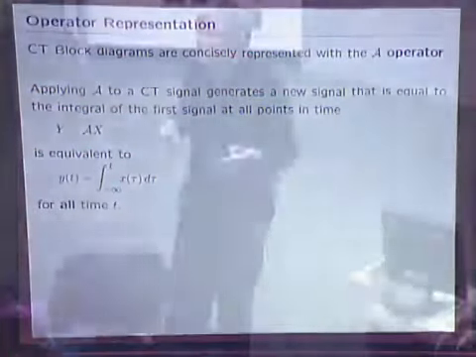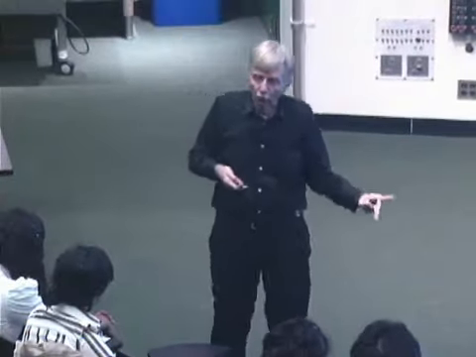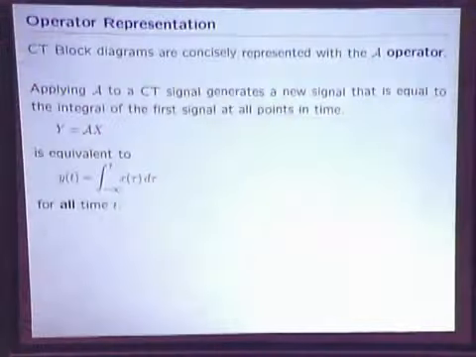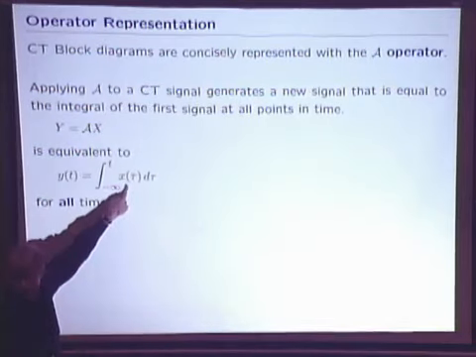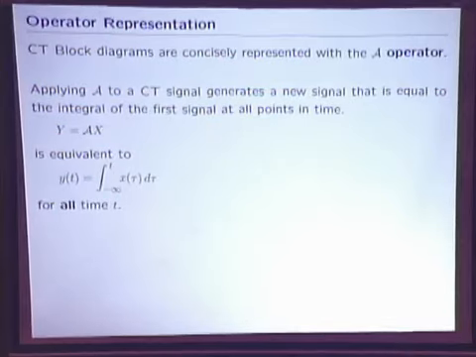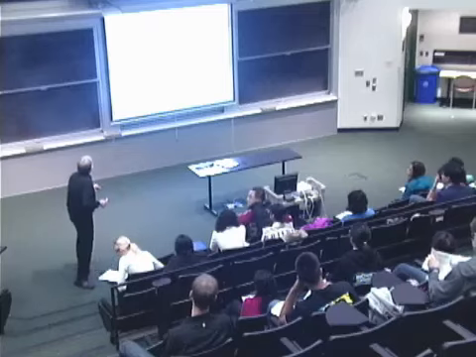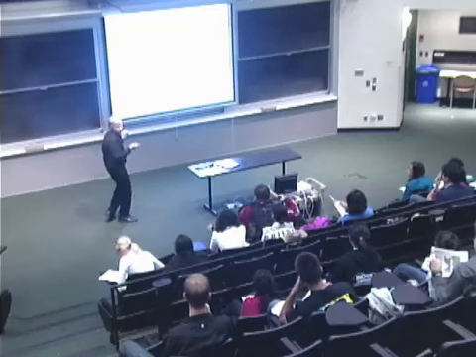When you apply the A operator to a signal X, it generates a whole new signal Y that is everywhere equal to the indefinite integral of the input signal. So the A operator is: start with the input signal X and integrate it with regard to time, starting at minus infinity and going up to t. That's the tth value of the output signal. Simple. So let's see how simple.